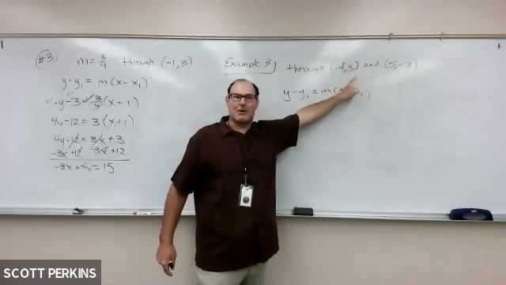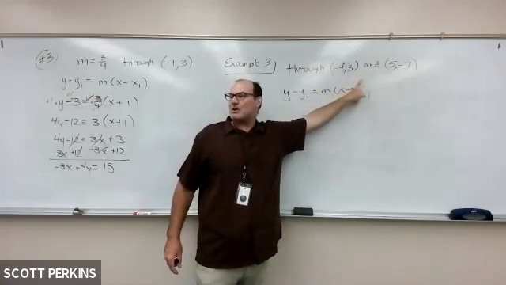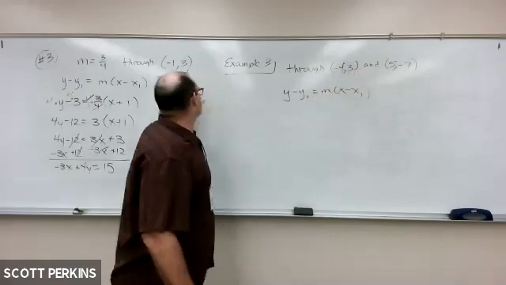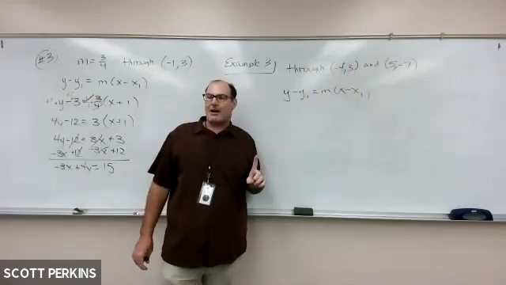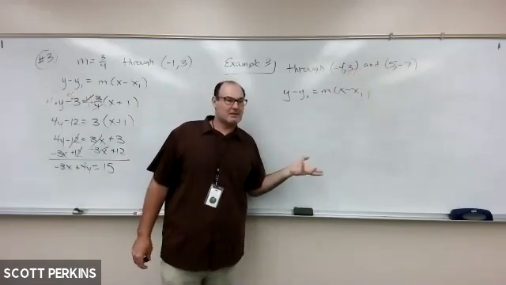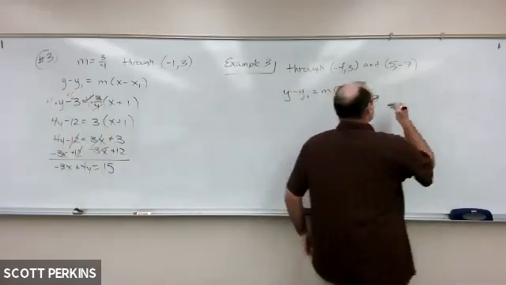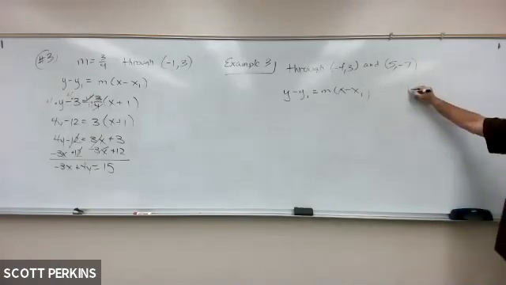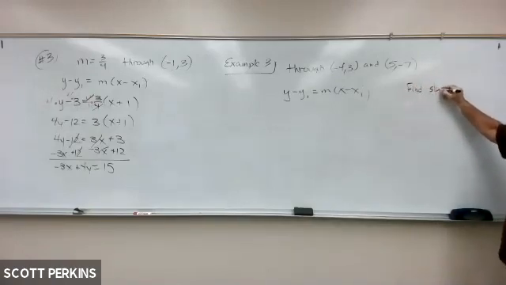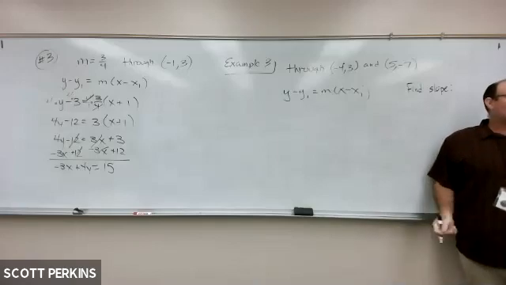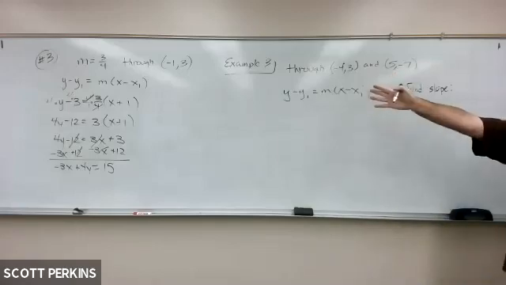Can I find the slope? Okay, so this is the same problem we just did with the extra step that I have to find the slope. So this gives us a chance to review finding the slope, which is fine. That's great. So I'm going to come over here on the side. The first thing I have to do is find the slope. And once I have that, the problem is exactly the same thing we just did right there.